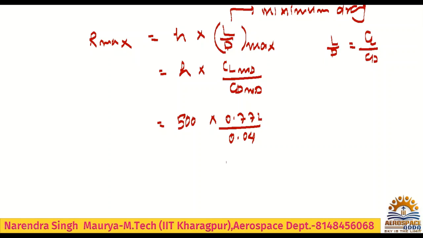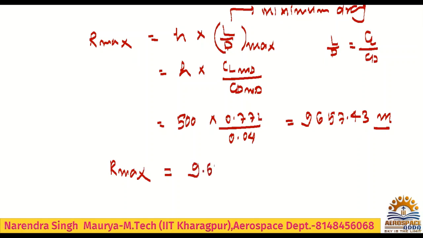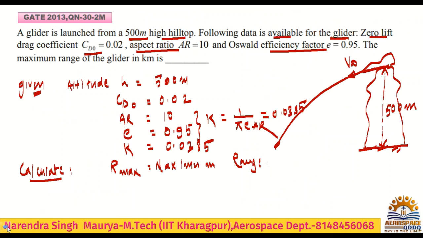It is how much? 9657.43 meter, or you can write R max 9.657 kilometer. Check what is the answer is given. Okay, it is fill in the blank. No? You just write 9.657. That's all. This is the answer.